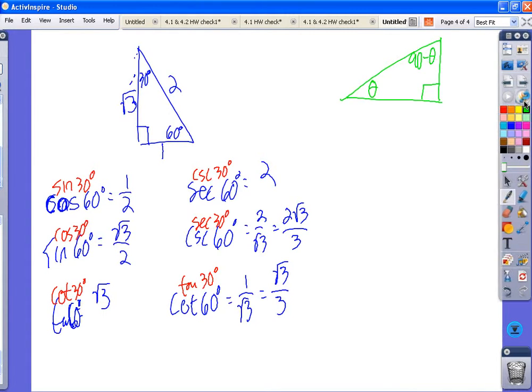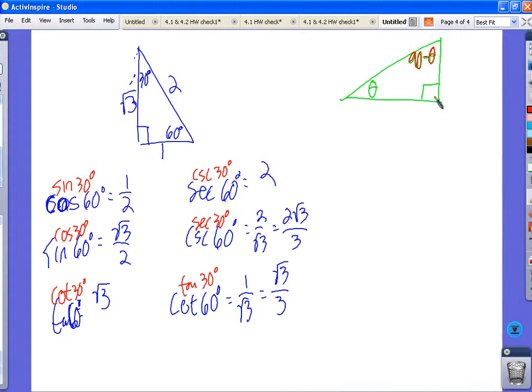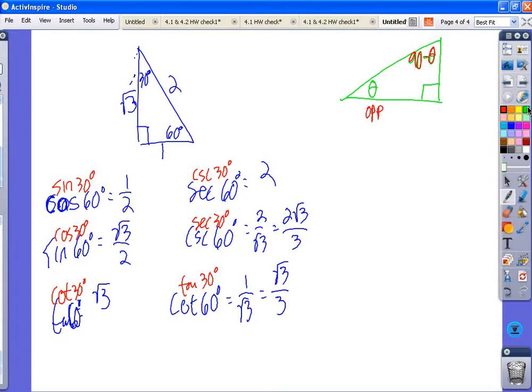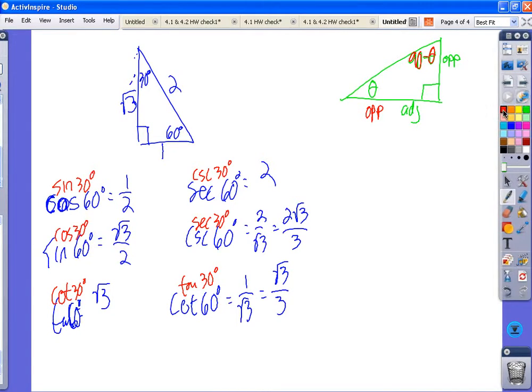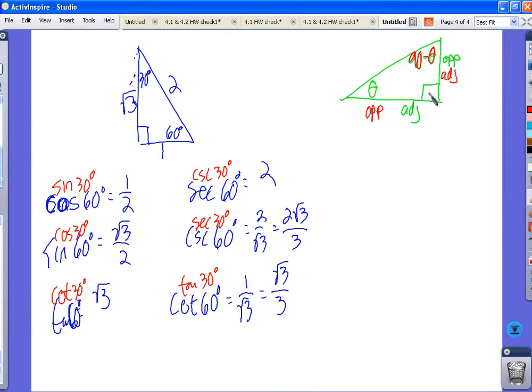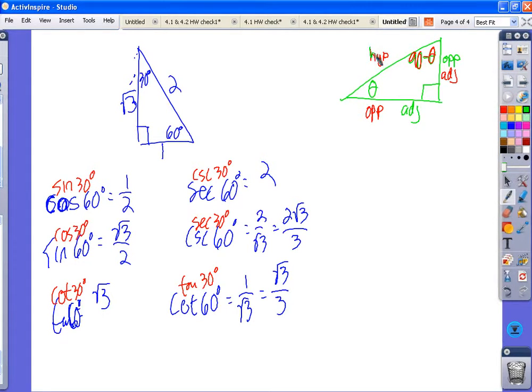So let's actually, I'm going to write this again. Because for 90 minus theta, this angle, what's this side? The opposite side. But for theta, it's what? The adjacent side. And for theta, this is the opposite side. And for 90 minus theta, it's the adjacent side. And for both of them, this is the hypotenuse as well.